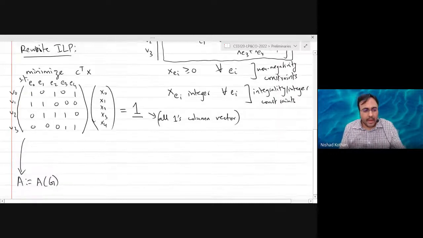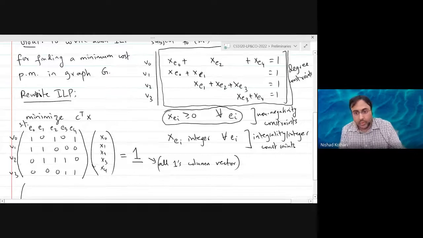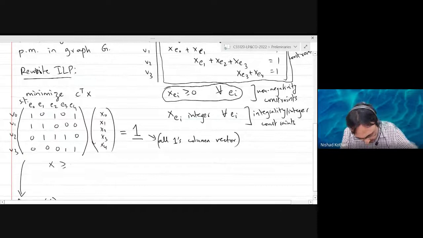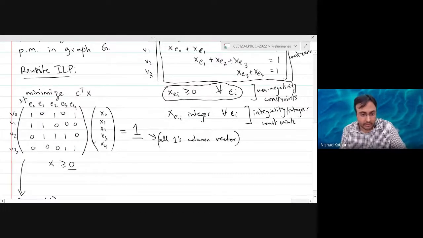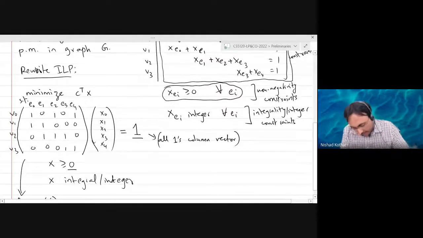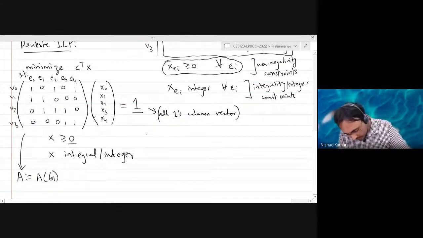And how do we write down this constraint? Well, that's easier. We just want the vector x to be non-negative, which means that each component is non-negative. So we are just going to write this as x at least 0, where 0 refers to the all zeros column vector. And I want the vector x to be integral. Sometimes I might just say integer, but what I mean is each component is an integer, because a vector cannot be an integer. So let's write this down again.